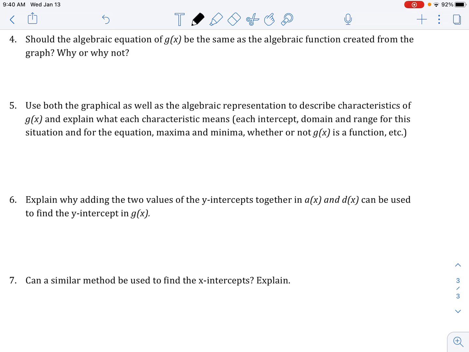Okay? So, g of x decreases at a rate of 2,400 gallons per minute.